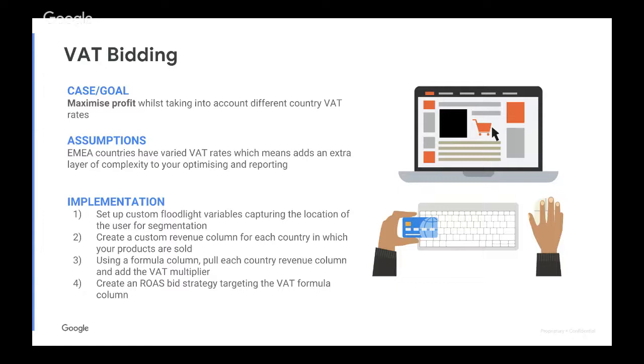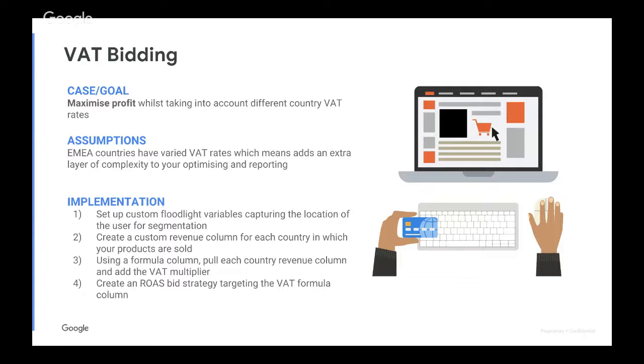So again, it's bringing to life your formula columns and your custom floodlight variables, and making sure that they're working together so you're working to real profit. In this case, each country will remove the VAT, and then we stand up our bid strategy with all our different countries within the same formula column, and essentially build that out and look for an ROI which is profit-based.